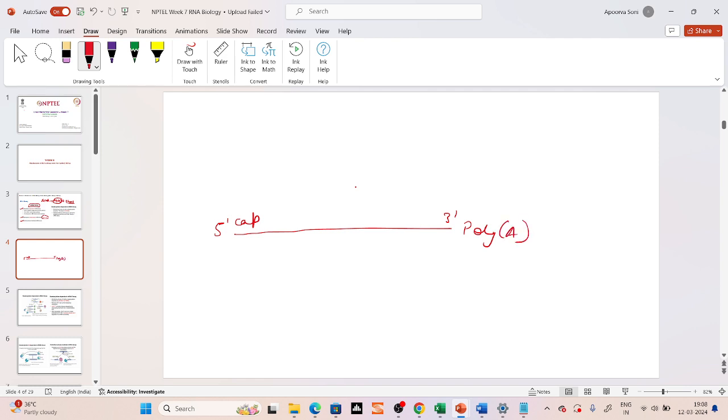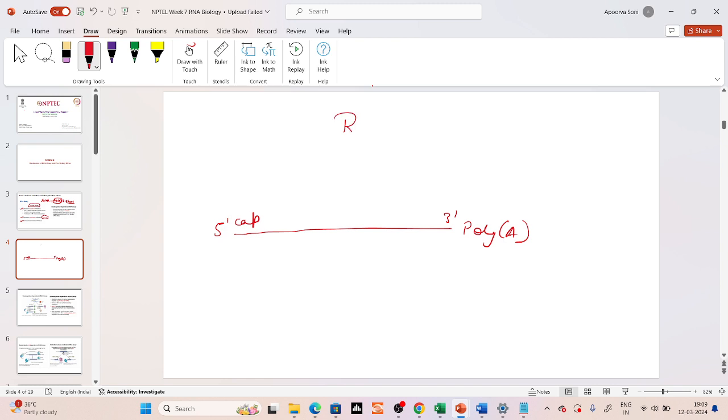So as we have already studied in our previous classes, if both the 5 prime cap and the 3 prime poly A tail are present in an mRNA, then this mRNA is very stable. That means this RNA is very difficult to degrade. So in order to degrade the RNA from either the 5 prime end or the 3 prime end, we have to remove either the 5 prime cap or the poly A tail.